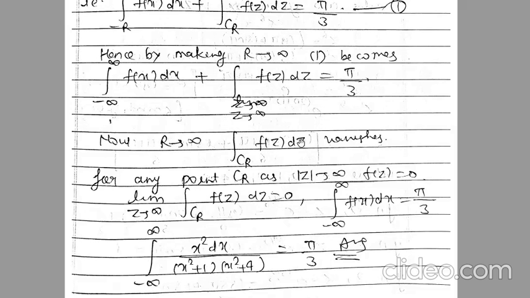That means it gives 0 for the infinity radius. So this integral value will be 0 when you put R is equal to infinity. So the integral over C_R of f(z) dz will be 0, and you will have only the integral from minus infinity to infinity of f(x) dx is equal to pi by 3, and your f(x) value is x square dx upon (x square plus 1)(x square plus 4) is equal to pi by 3, your final answer.